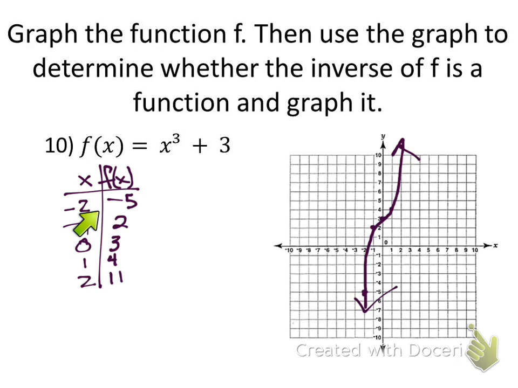Because I just created a table, let's switch the x's and the y's and look at their new points. So instead of (-2, -5), this is going to become (-5, -2), and I'm going to plot that point. Instead of (-1, 2), I'm going to graph (2, -1), (3, 0), (4, 1), (11, 2), even though it's off the grid.